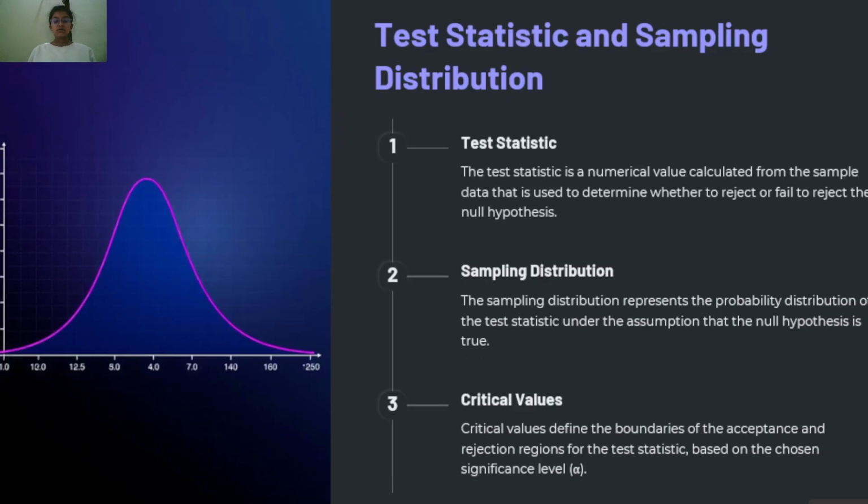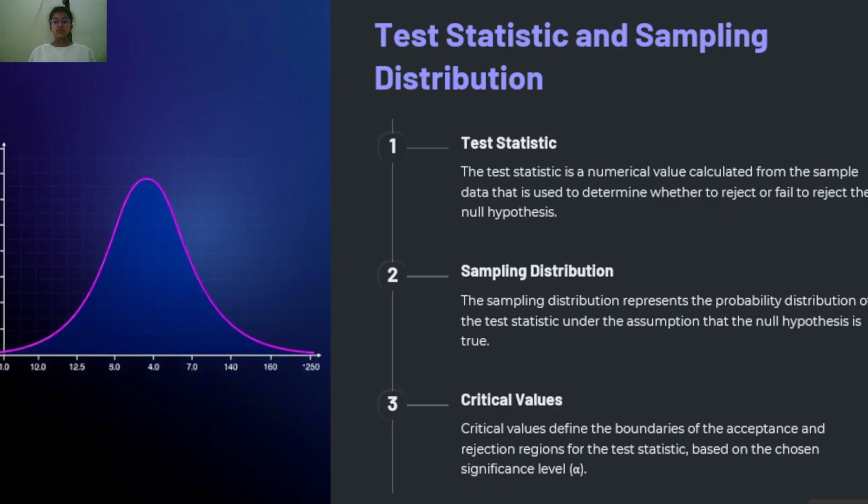Coming to the next topic, we have test statistic and sampling distribution. Under this we have three parts. Test statistic: the test statistic is a numeric value calculated from the sample data that is used to determine whether to reject or not reject the null hypothesis.